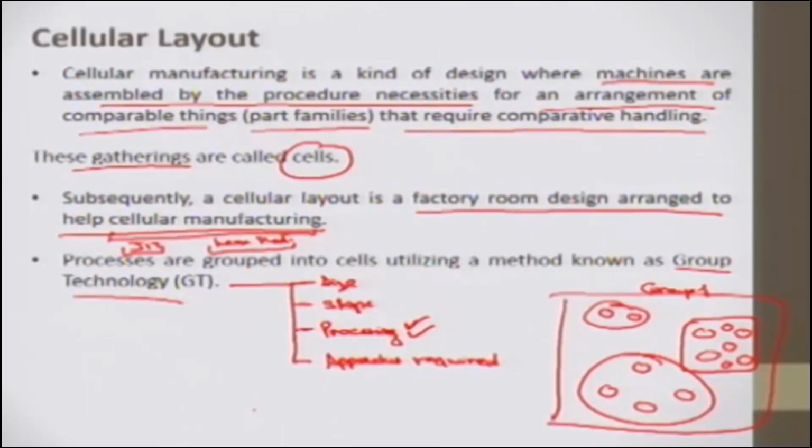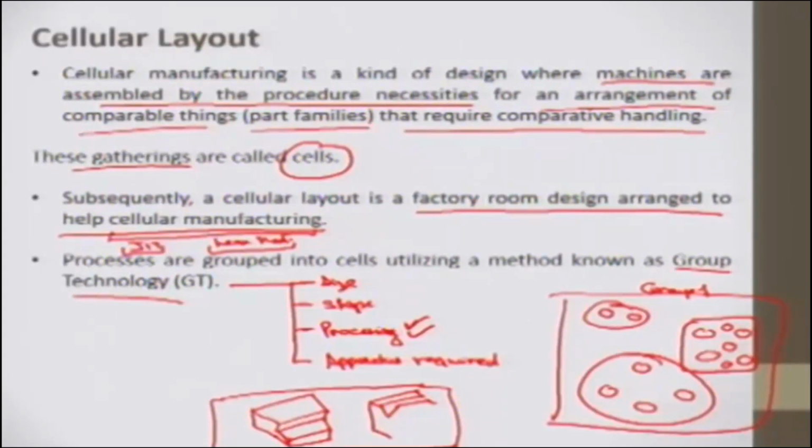Similarly, other components need rectilinear machining. This component does not need any hole to be drilled. Another component of a similar kind, let me say a V block. These can be grouped together. So this is group 2.